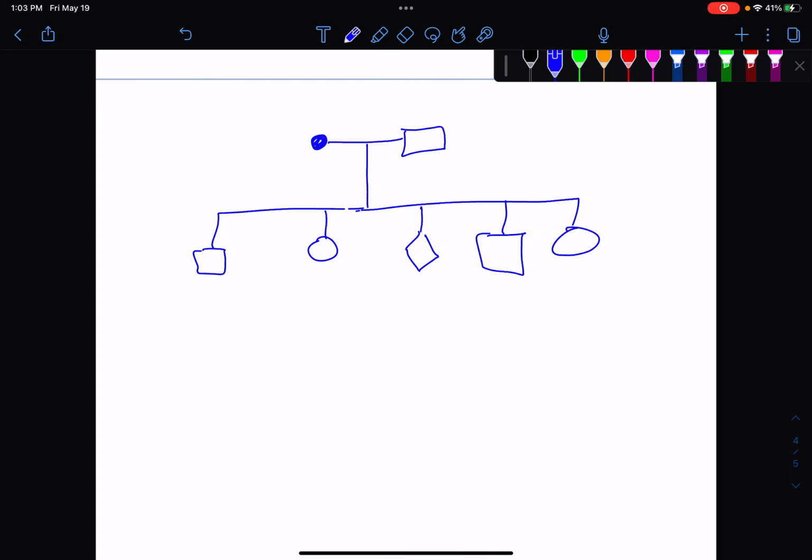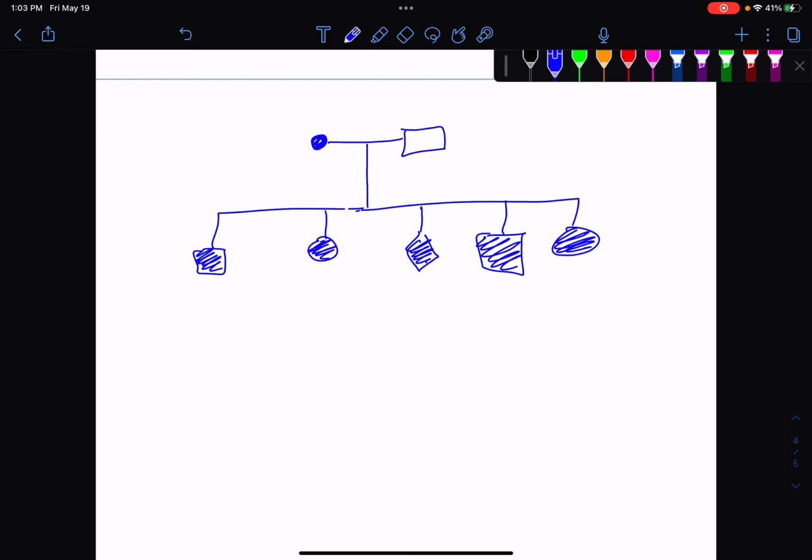Right? All of her offspring are affected. Well, what's that probably a sign of? That's probably a sign that this is mitochondrial, because the only mitochondrial DNA comes from the mother.